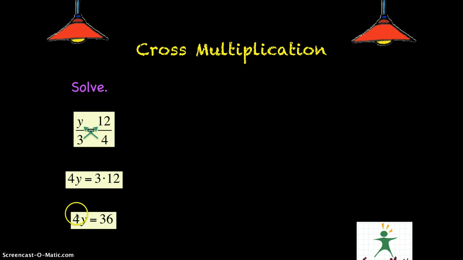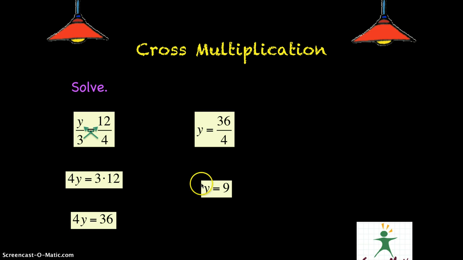We'll use the coefficient of the variable to divide both sides of the equation to balance it out. So divide 4 on both sides. You will end up with y is equal to 36 divided by 4. 36 divided by 4 is 9, so y is equal to 9.